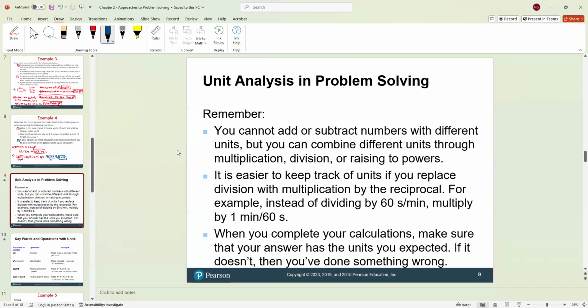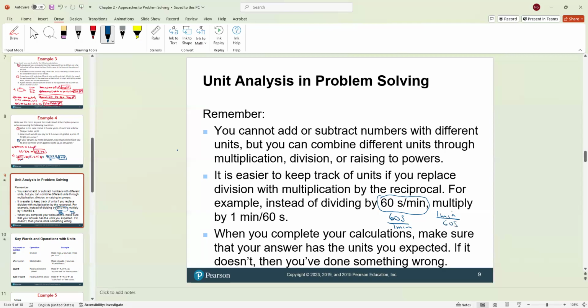It is easier to keep track of units if you replace division with multiplication by the reciprocal. For example, instead of dividing, 60 seconds per 1 minute, we can multiply by 1 minute over 60 seconds.